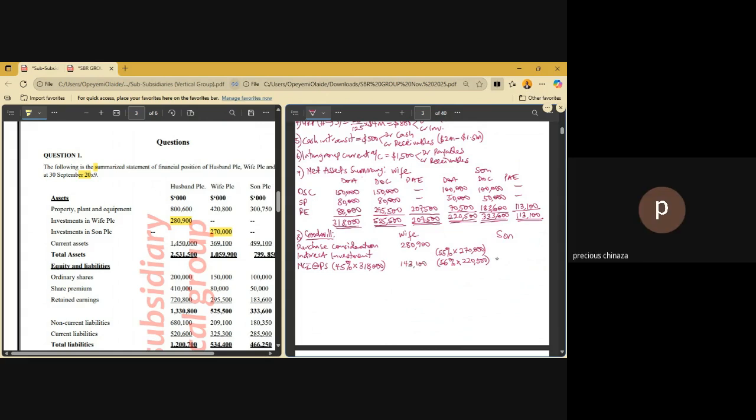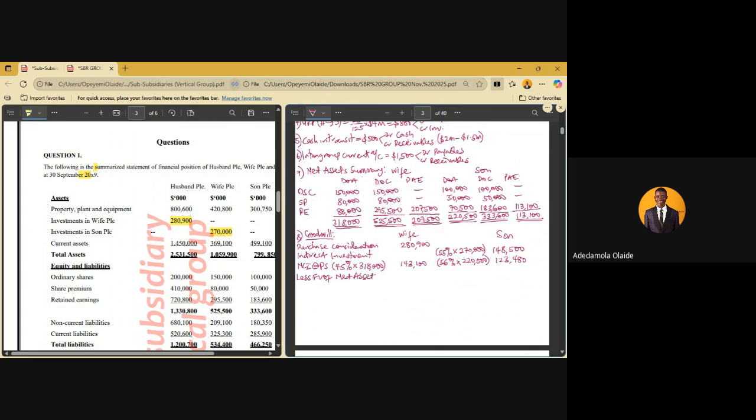And this should be 123,480. You guys did not give me the indirect investment, that should be 148,500. Then we can now say less fair value of net assets.